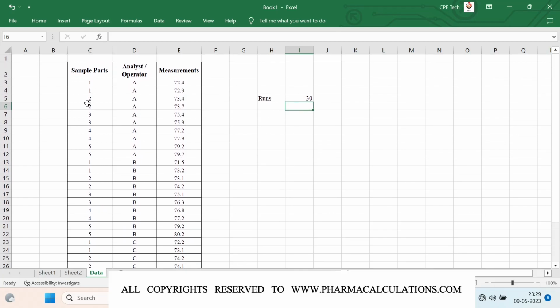First of all, try to get all this data into 3 columns: one is the parts, the second is the operators, and the third is the measurements.